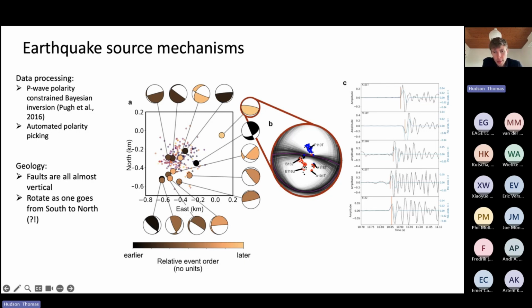You can see that exemplified by this focal mechanism here, which is quite tightly constrained with pretty much no error in the polarity picks. I think this is also a testament to how useful it is to have many nodes, as you can really quickly see if you have much uncertainty in your polarity picking algorithm.